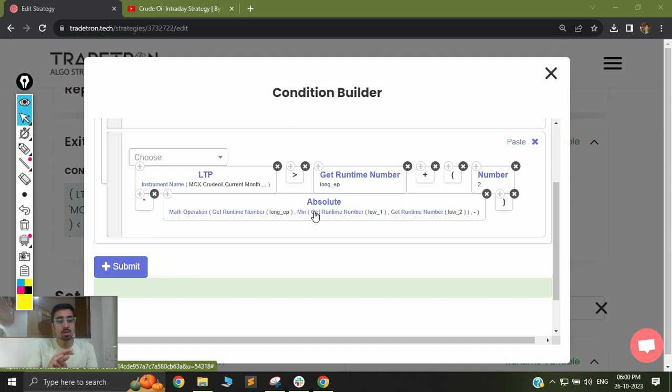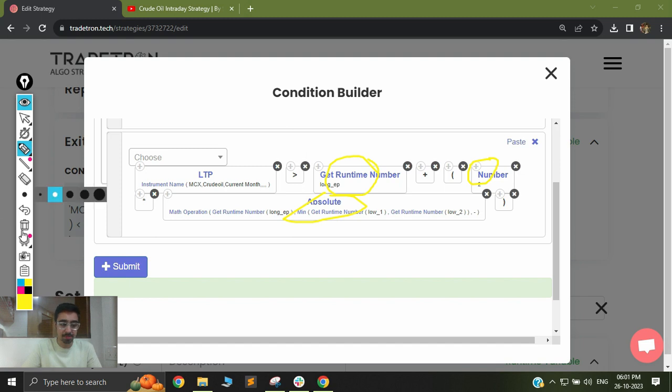That 20-point number is being calculated using this absolute. Once I have that value, 20 points, I'm multiplying it by number 2, and by multiplying it by number 2, I get my 40 points. Then I'm adding 40 points to my entry price. So if my LTP on futures goes 40 points above the entry price, which is my target, I will exit the position. So that is the logic that I'm building.